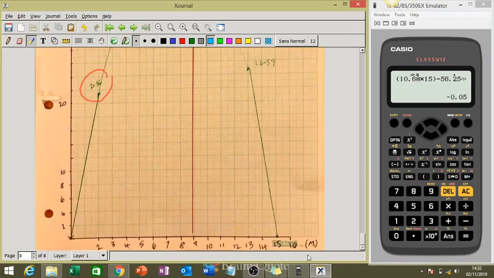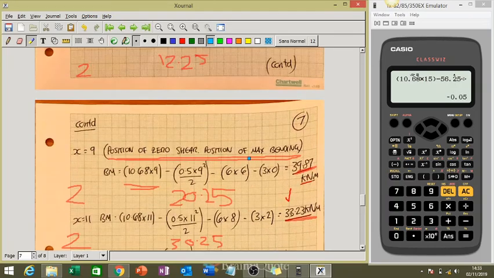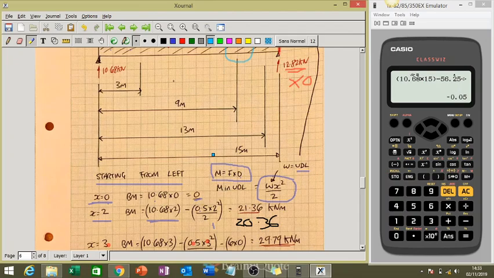Plot your graph, label your axes. So that is the maximum bending moment at x equals 9 from the left. So that's where failure is likely to happen. Maximum bending moment. I won't put any rivets there or any joints, because that's where maximum bending is. So hopefully that's a bit clearer.